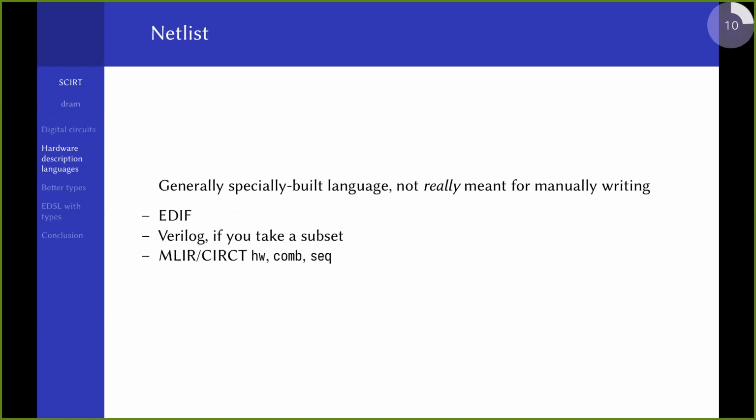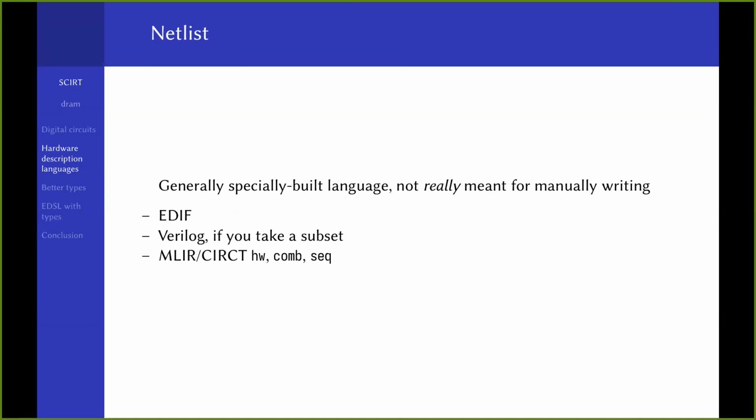Generally, what's at the bottom of this is usually called the netlist, and it's usually a specially built language. It's not really meant for manual writing, though it is still possible to write it if you do want to generate some primitives or use some special blocks like RAM or I/O buffers.